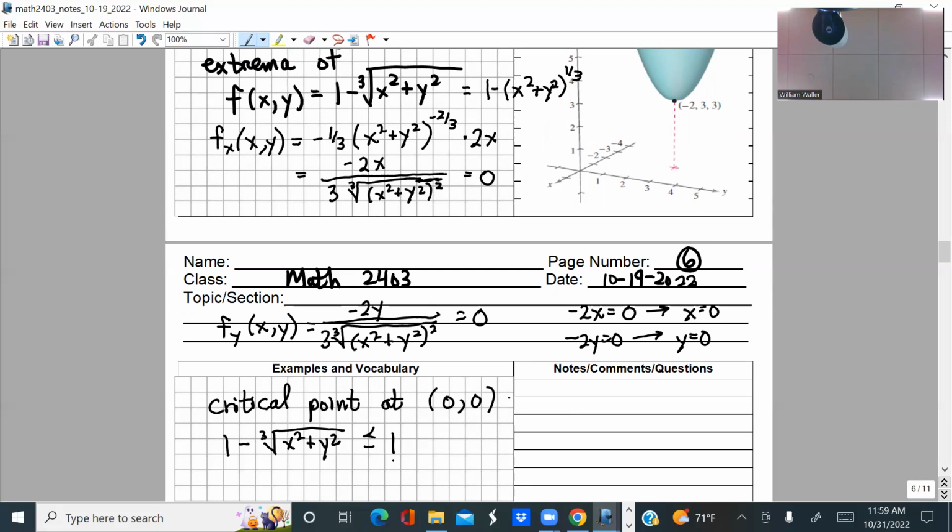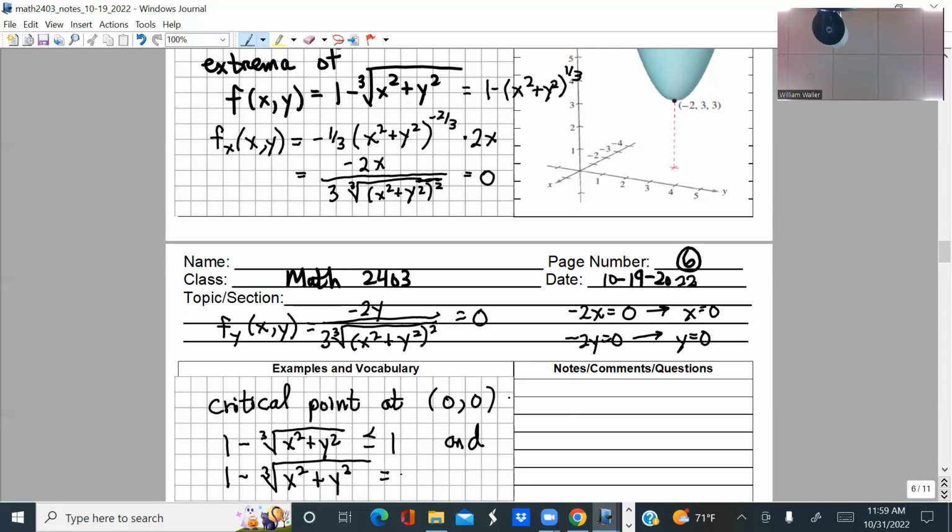But is this expression ever exactly equal to 1?